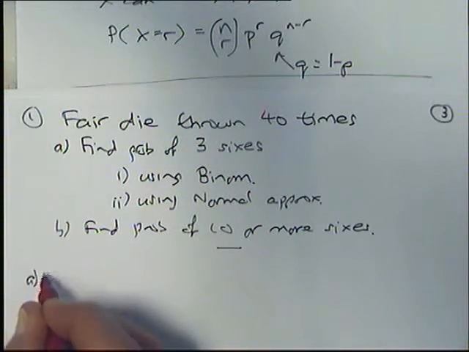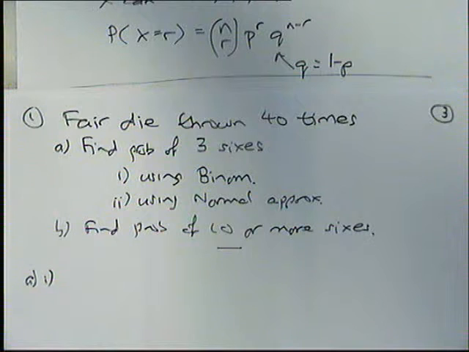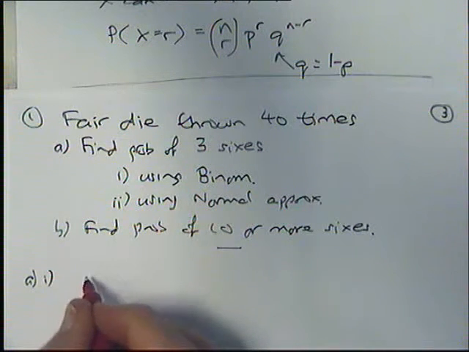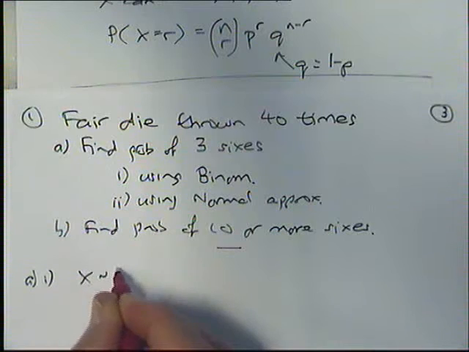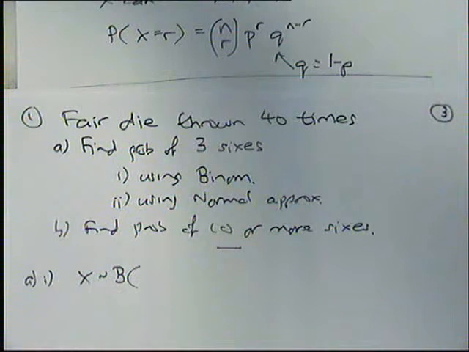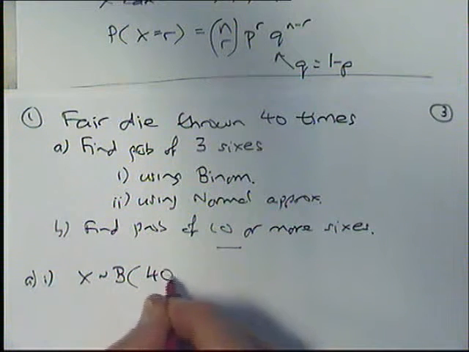For part A1, we can either use the formula on the board which we wrote down earlier, a little recap for the binomial distribution, or we may be able to use the tables. But let's write the question out properly. X is binomial because we're doing something a fixed number of times, 40 times.